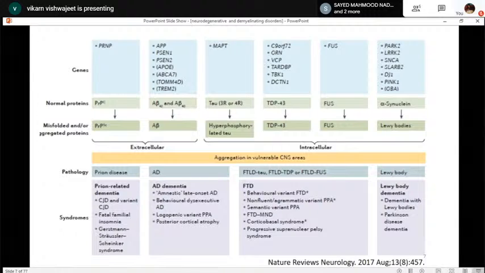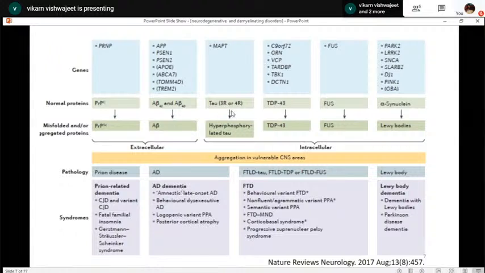Six different types of proteinopathies have been described, and they include the prion protein, the cellular prion protein, which is a normal protein that is abnormally folded to form PrPSc, a misfolded protein, and it gives rise to prion disease. Then there is amyloid beta peptide 42, which due to cleavage by secretases can give rise to amyloid beta peptide, and it is exemplified by Alzheimer's dementia.